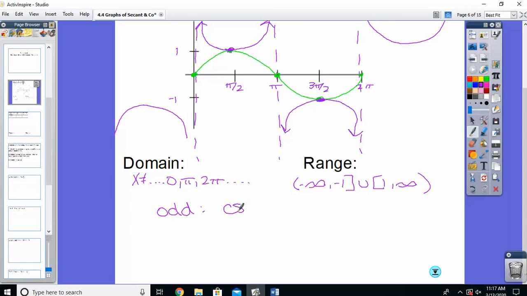What that means is if you have cosecant of a negative, the negative just comes out. Questions on that?